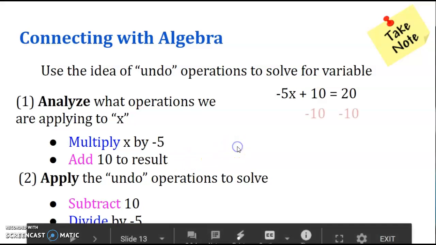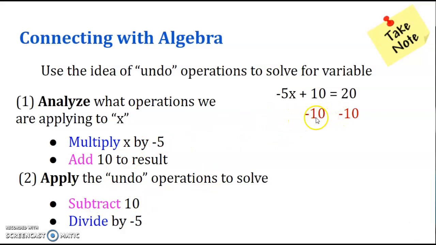So let's show algebraically. Subtract 10. Whatever you do to one side of the equation, you need to do to the other side of the equal sign. So we're subtracting 10 from both sides, and that leaves me with this positive 10 minus 10 just becomes 0. So you're left with negative 5x, that just comes down from there, plus 0.